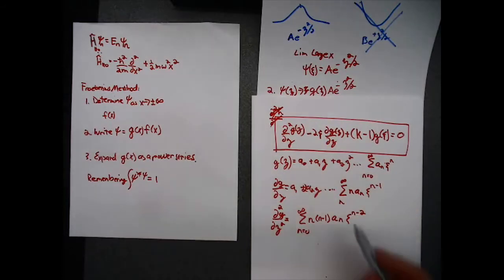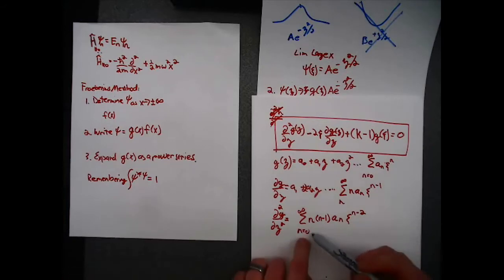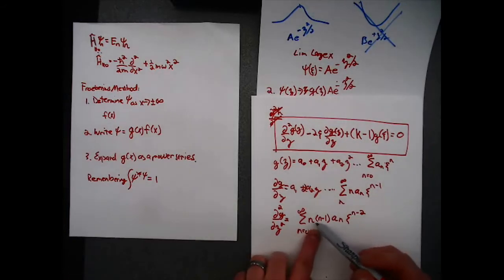So now we're going to use a little bit of a trick here. The trick is that in this series, when we start at n equals 0, this is 0, and at n equals 1, this is still 0.